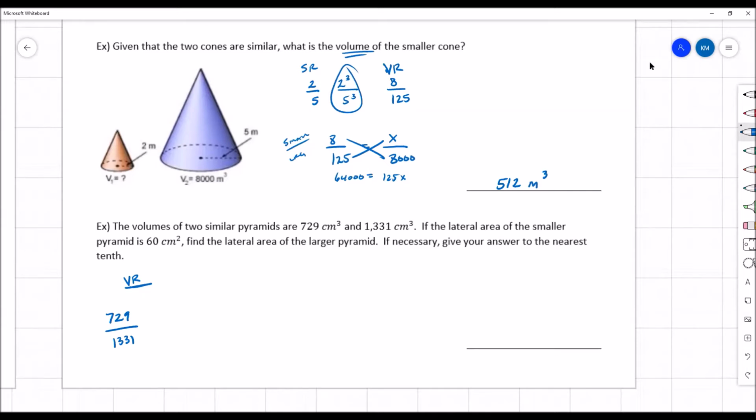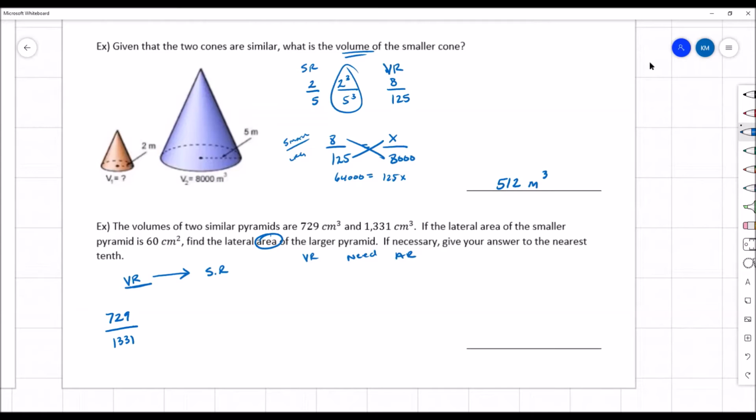So our volume ratio, we're going to go from volume ratio to similarity ratio. I know that we really care about the lateral area, the area ratio, because that's going to help us out. But we're given the volume ratio and we need the area ratio.